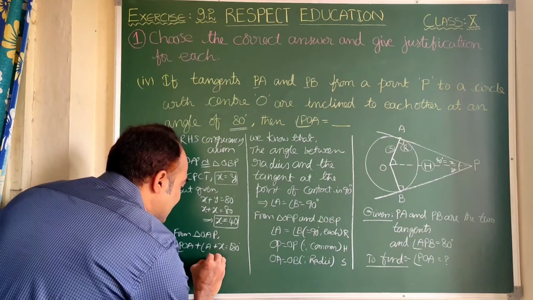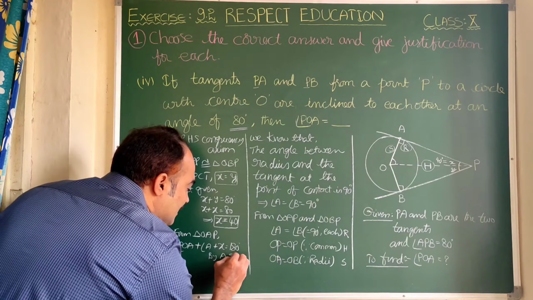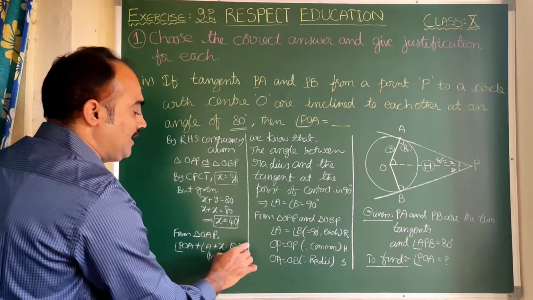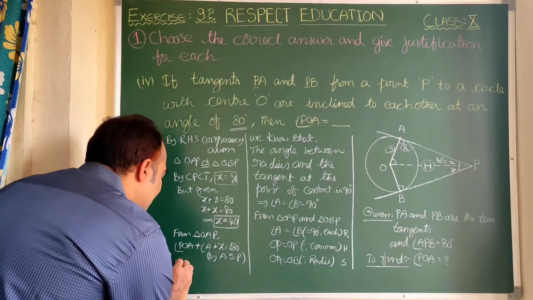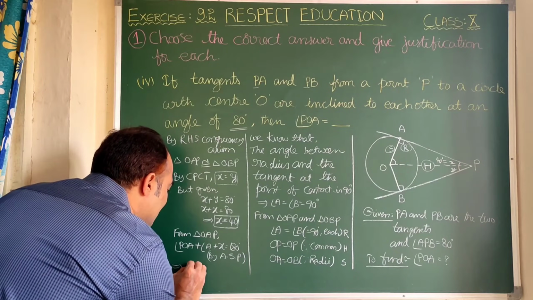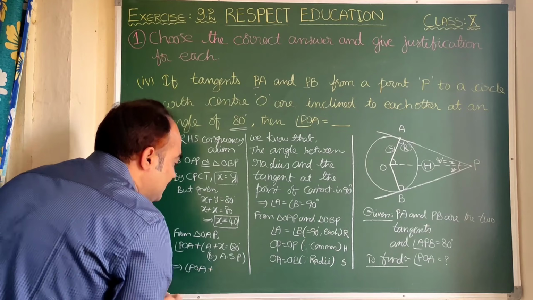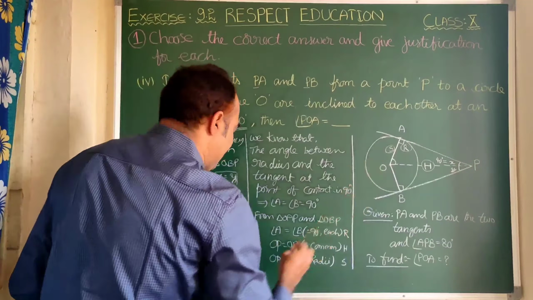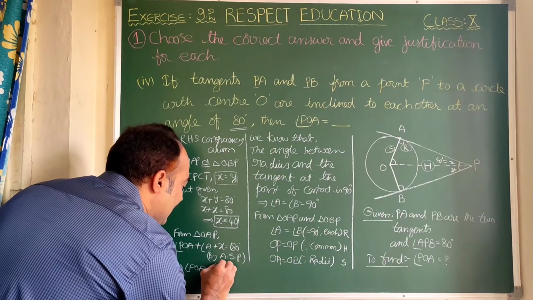Here the reason is angle sum property of a triangle, as I do not have place I am writing in short. So angle POA, that is what we need to find, plus angle A is already 90 degrees.